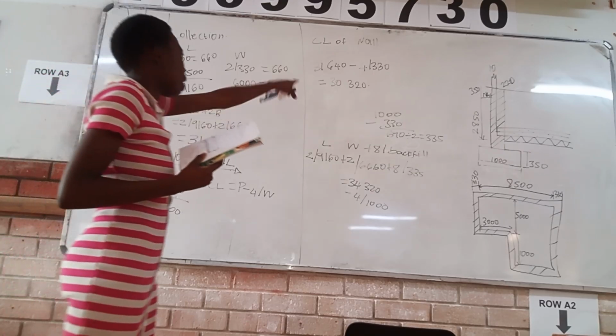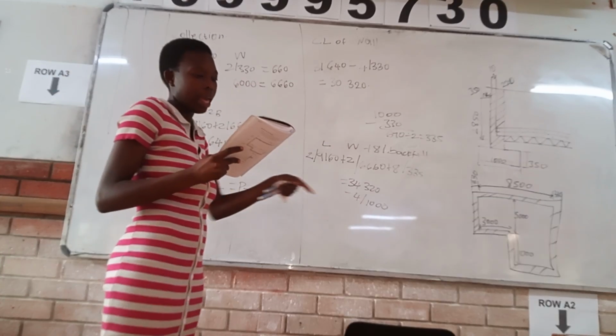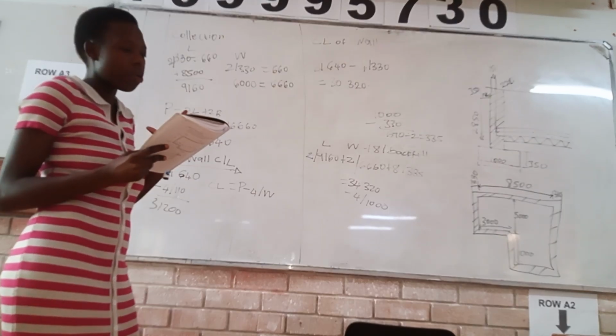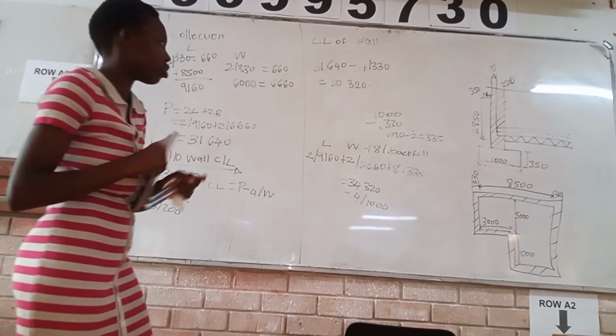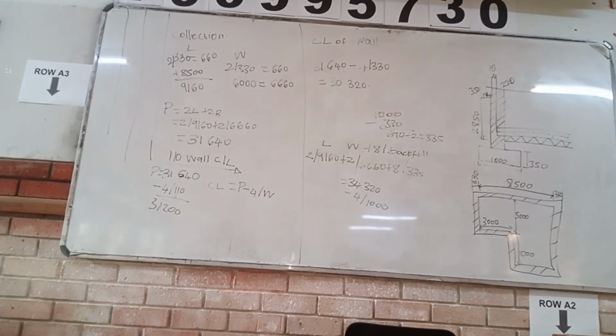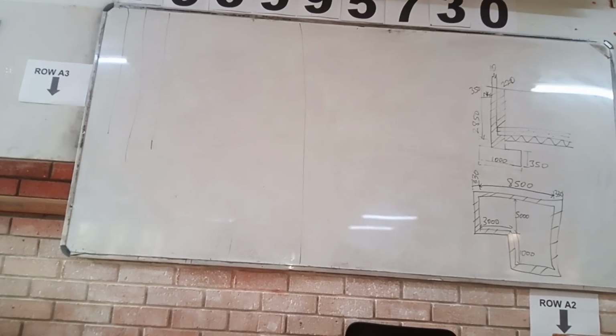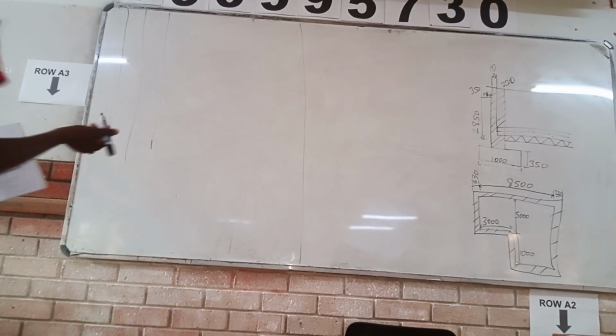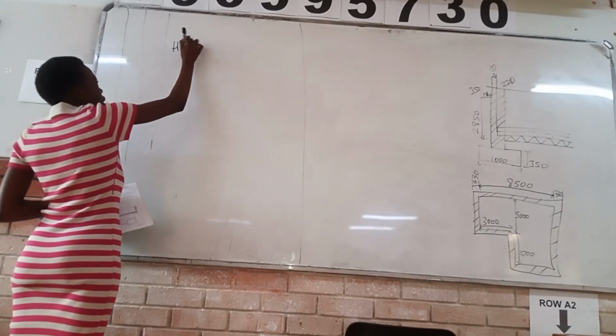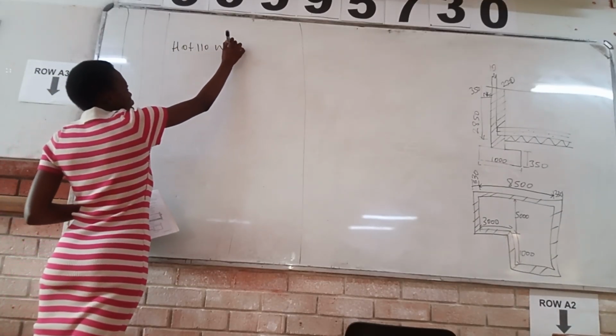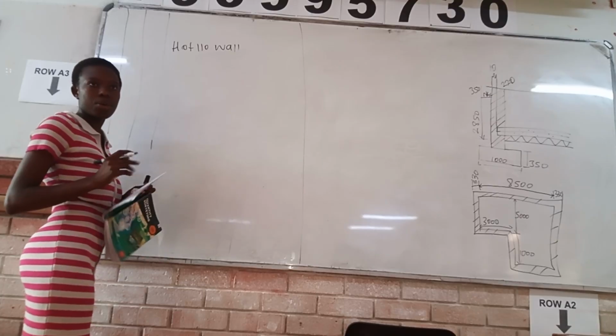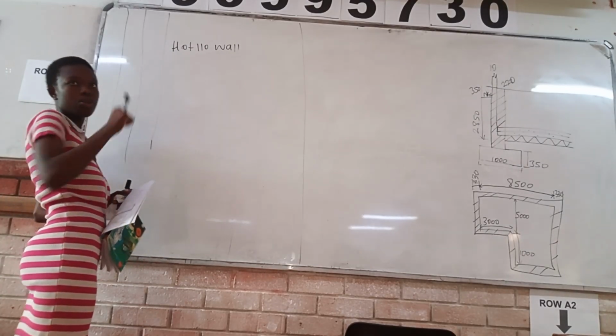The reason we need the center line of the concrete footing is because we will take off the trench. Before we take off, the last thing to do on collection is to get the height of the 110 wall. I remember the total cost of the brick wall, which is the 110 wall, so we also need the height.